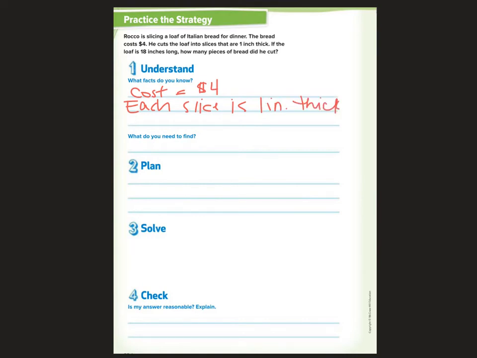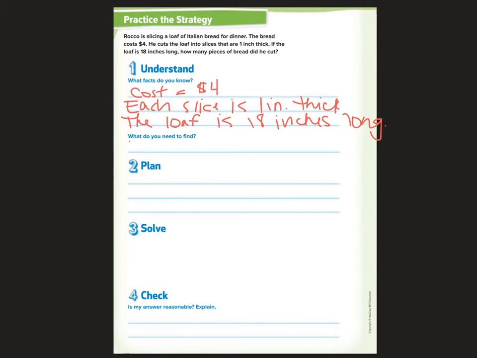And it also told us the loaf is 18 inches long. Okay, so that's all the information that we need to know. Do we need to know that it's Italian bread? No. Do we need to know that they're eating dinner? No. Do we even need to know that it cost $4? No, we don't care about that. We just care about the question.